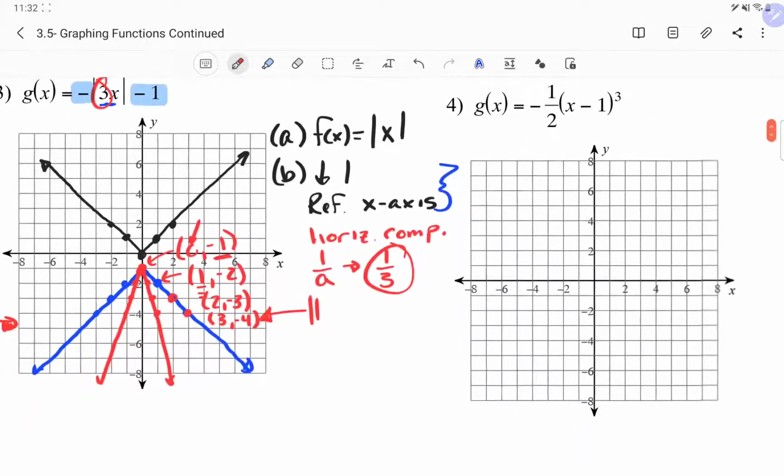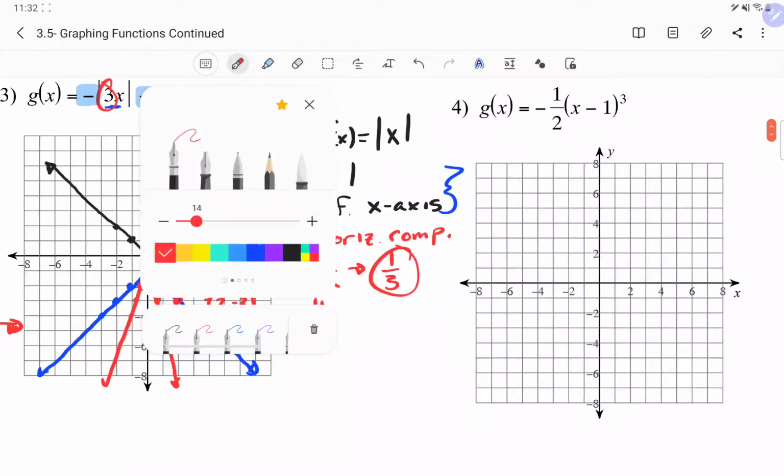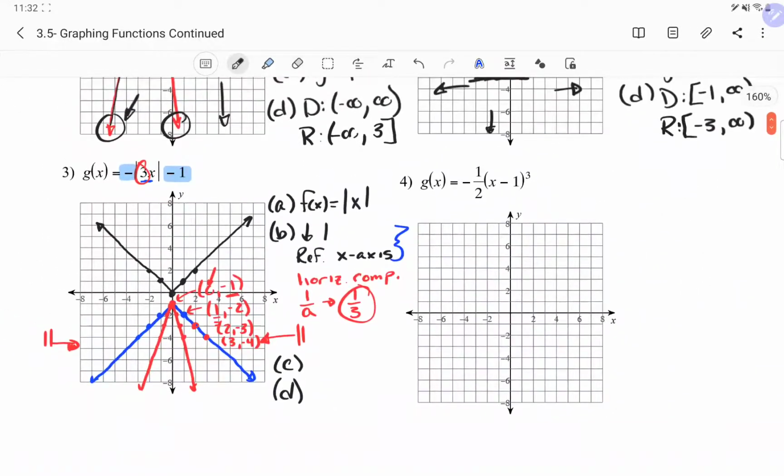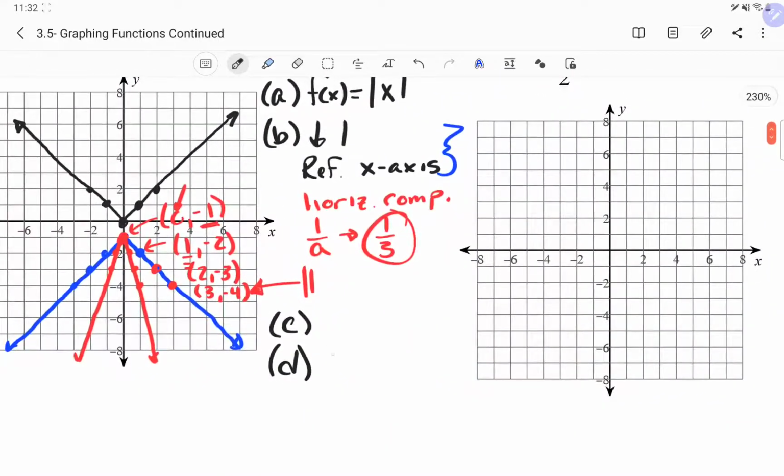All right, so let's look at part D now. Part C is just to graph it. Part D, though, is asking us to find the domain and range. So the domain for this function, the arrows are pointing to the left and to the right. There's no space in between them, so it's going to go from -infinity to +infinity.